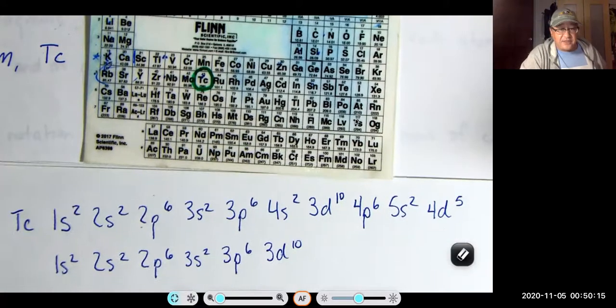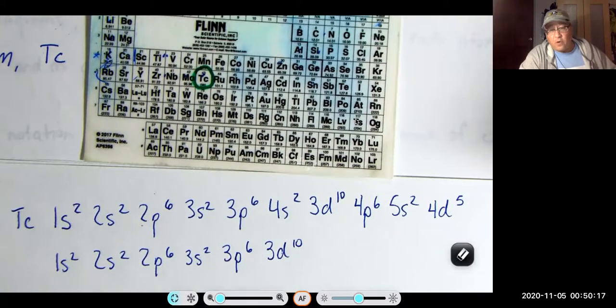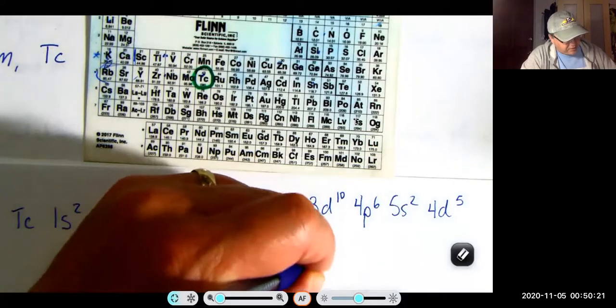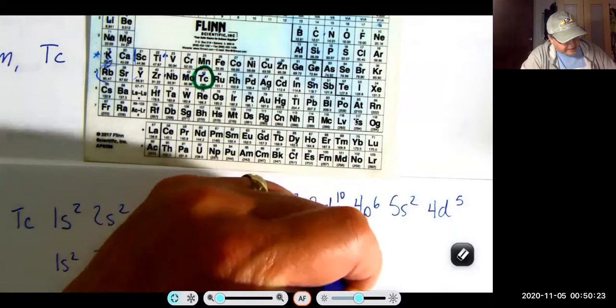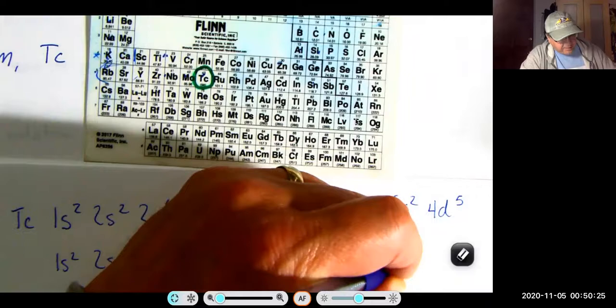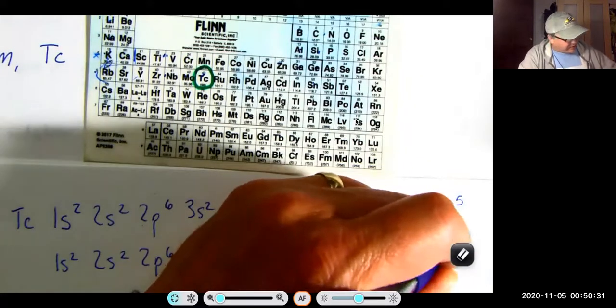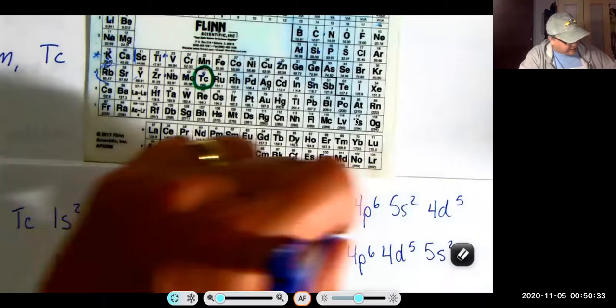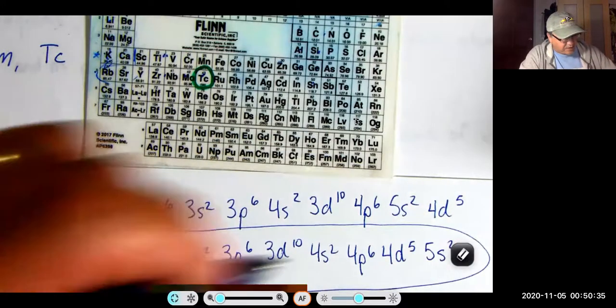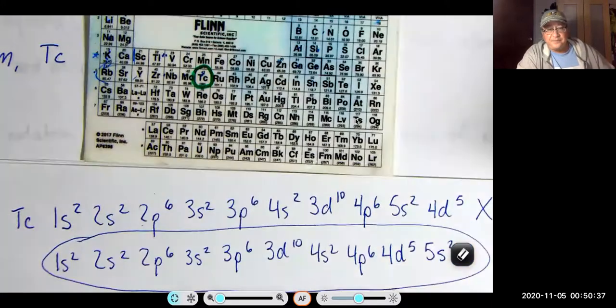And the answer is because 3 is more stable than 4. And then I would write 4s2, 4p6, and then 4d5 because the 4d is more stable than the 5s, and then 5s2. So this is the correct electron configuration of technetium, and this one is not.